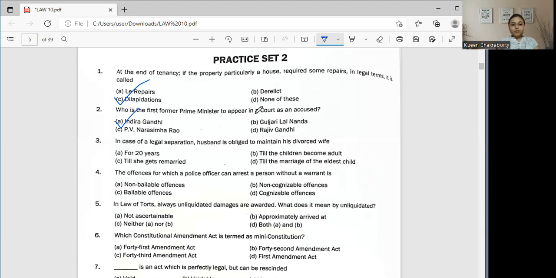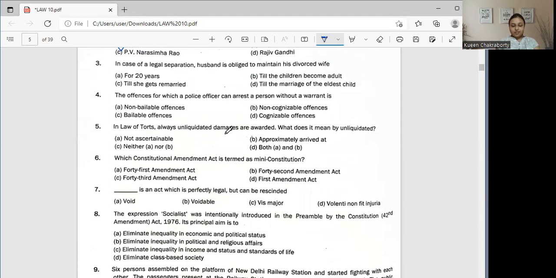Moving to question number 3. Question number 3 says, in case of a legal separation, the husband is obliged to maintain his divorced wife for 20 years, till the children become adult, till she gets remarried, or till the marriage of the eldest son. Which is the correct answer? Till she gets remarried.